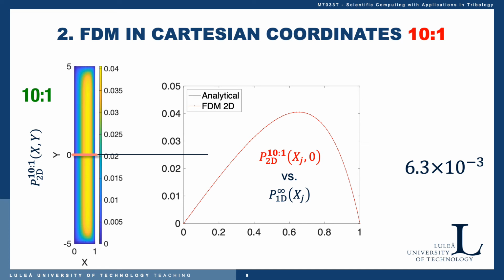So comparing now these two at the exact center line, where y is equal to 0, we can clearly see that there is nearly no visual difference at all between the two pressures, the one that we obtain for the infinitely wide bearing P1D infinity of x, and the pressure distribution at the center line for the 2D finite difference method solution.